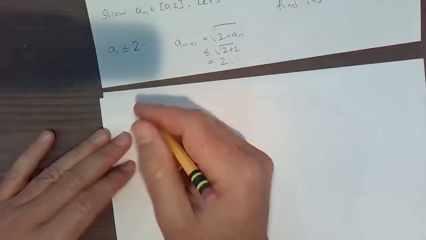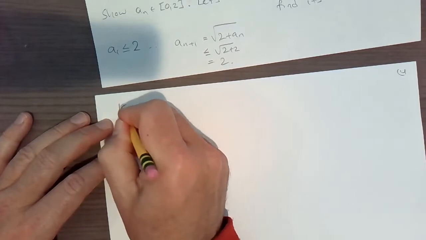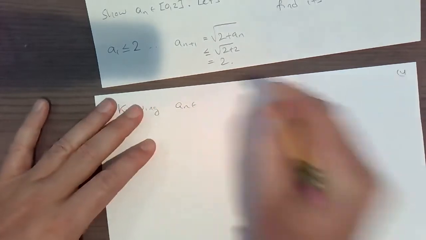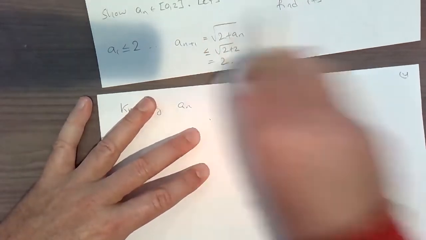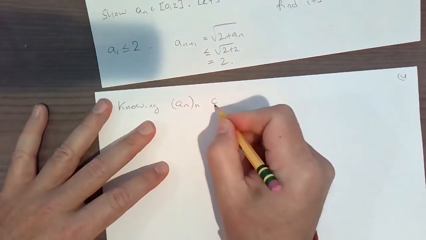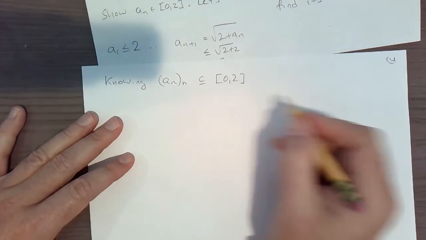So for example, at this point, knowing here that A_n, as a sequence, is bounded, it sits inside a bounded interval.